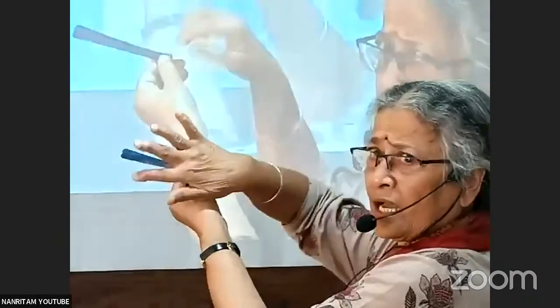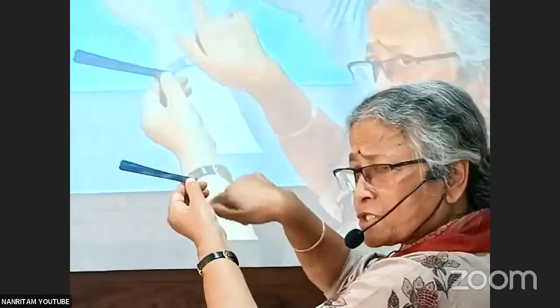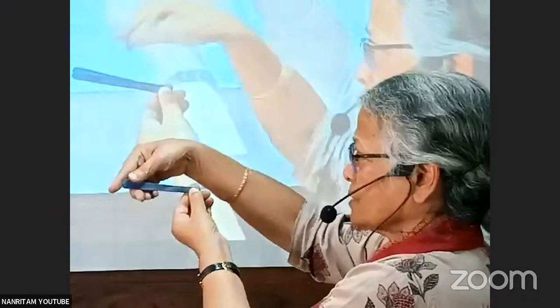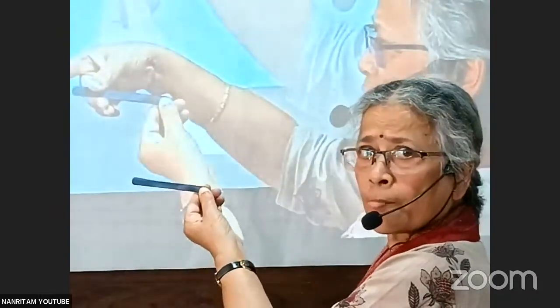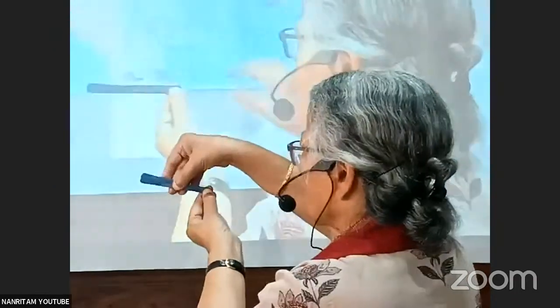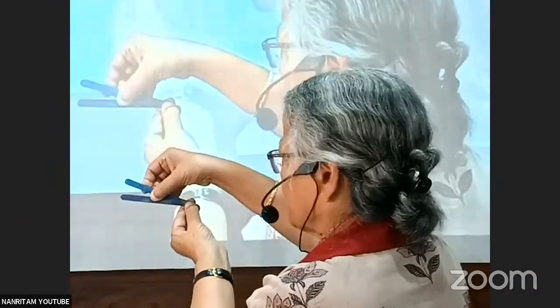Keep your hands on this. This is the center, around which it rotates. These two are at 0 and 1. We hold it like this, whoever got the sticks. We start moving. Of course, we have to tell them what is 90 degrees and what is 180 degrees.